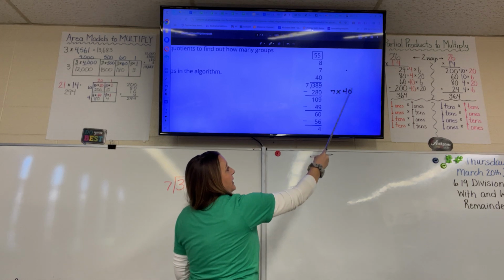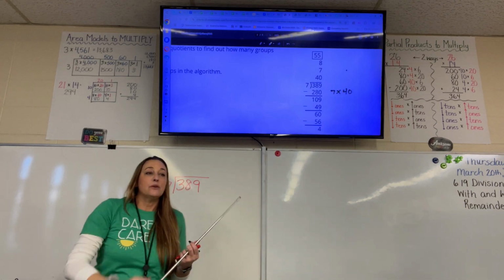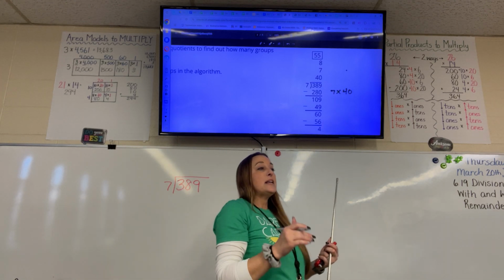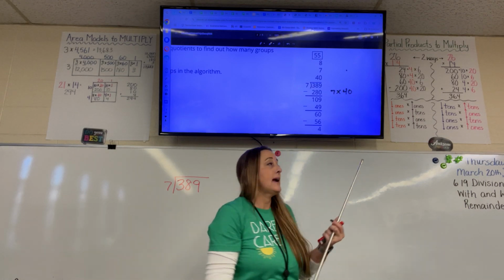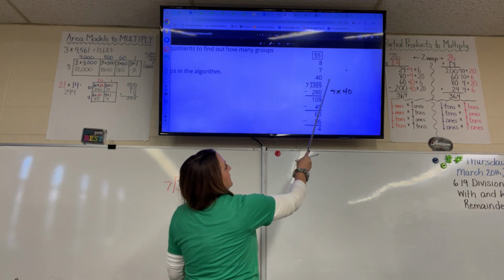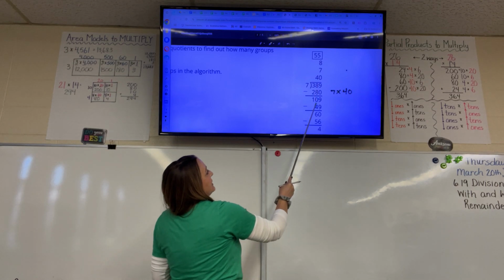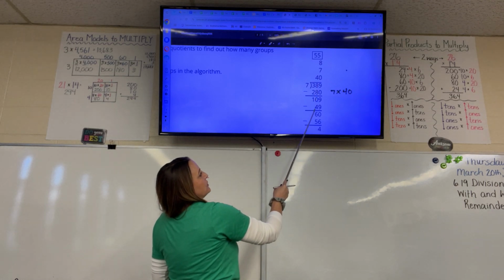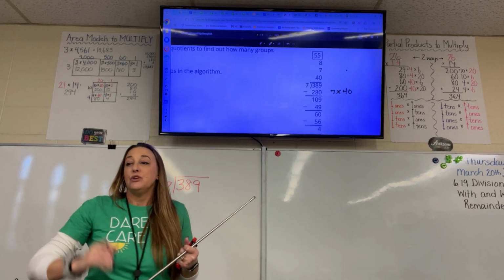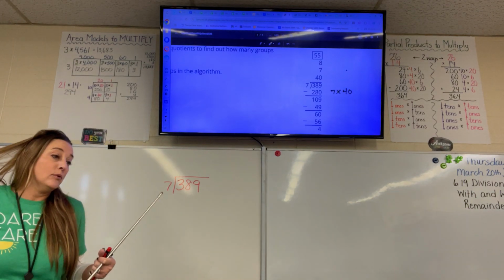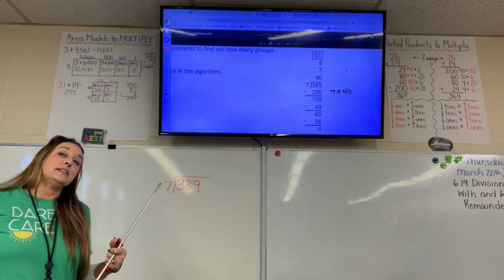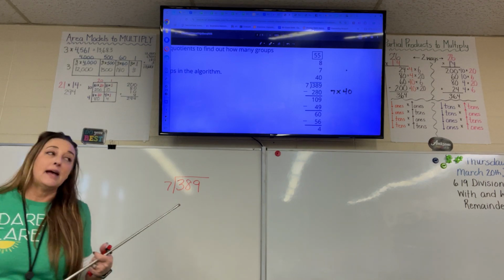Now that 40 that we just wrote down is a partial quotient. It's part of our answer, right? So we take the 40 and move it up here. Then the next thing she subtracted was 49. If you go to your 7 row on your multiplication table, do you see a 49 on there? Yes.